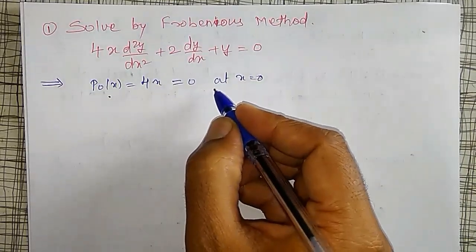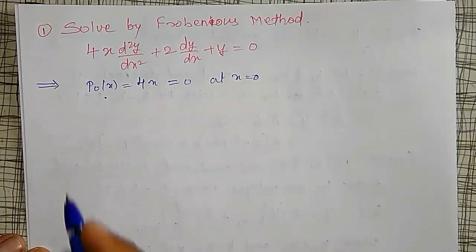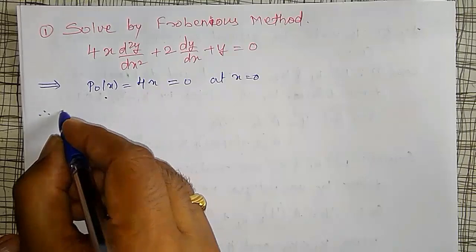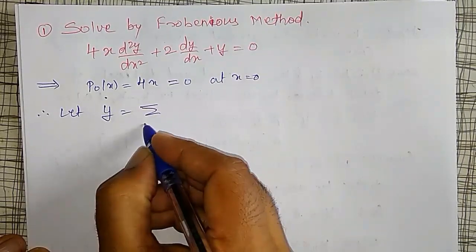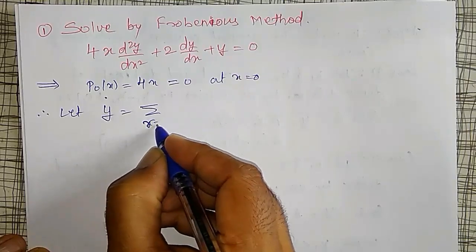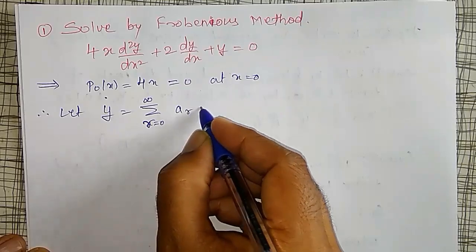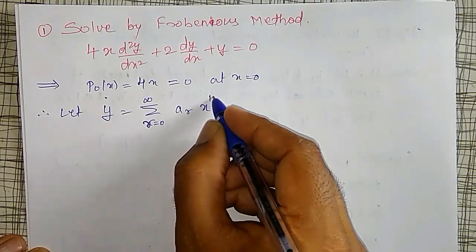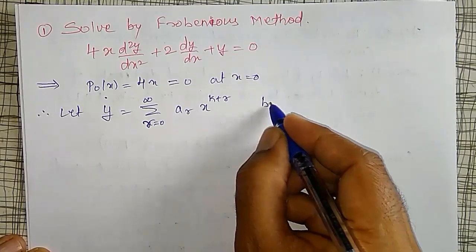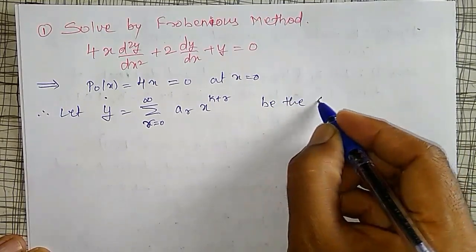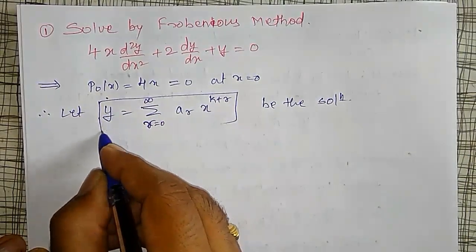That's why I have to use the Frobenius method here. Therefore, let y is equal to summation r equal to 0 to infinity ar x to the power k plus r be the solution. I am assuming this is my solution.